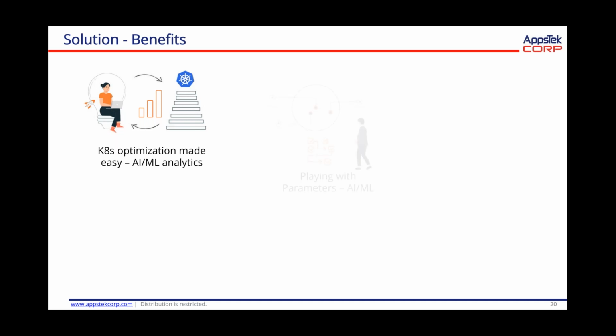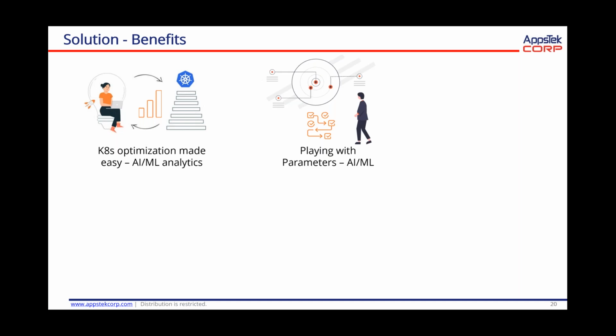And like I showed you in the previous slide, the AI is capable of playing with your parameters in less than a second. So it knows exactly what parameter needs to be tweaked and what combinations of parameters need to be tweaked in a very intelligent way. Using that AI solution, we are completely taking out the guesswork.